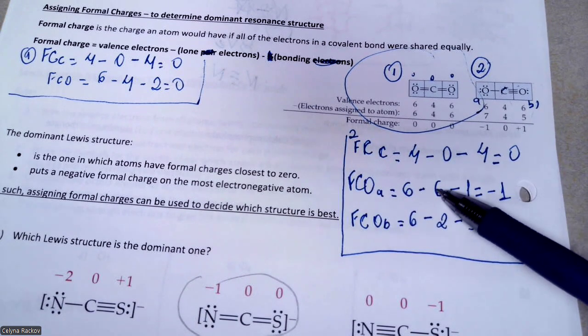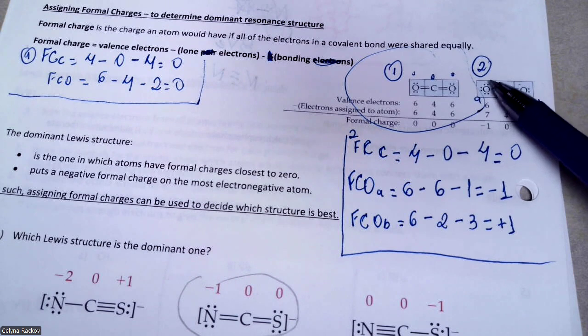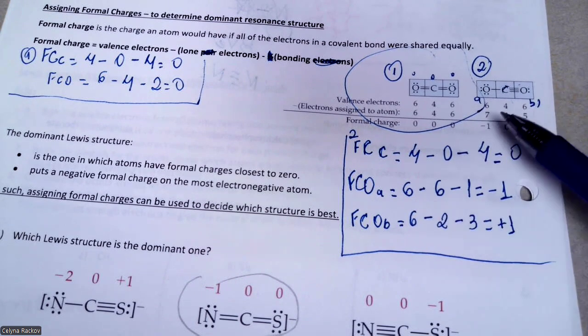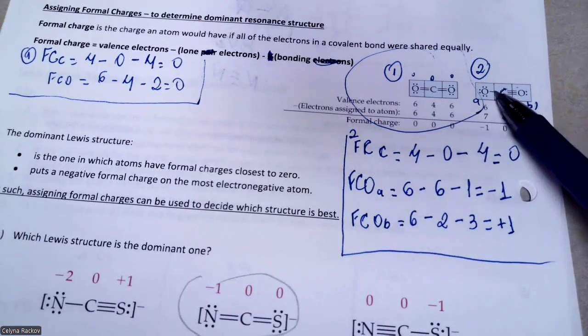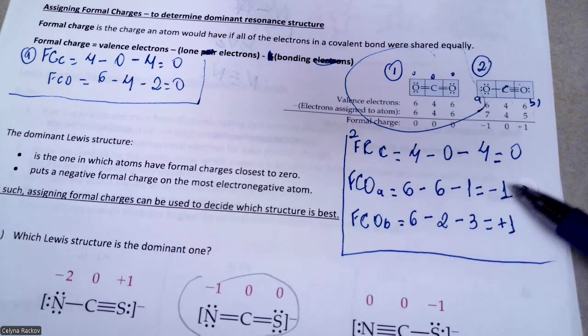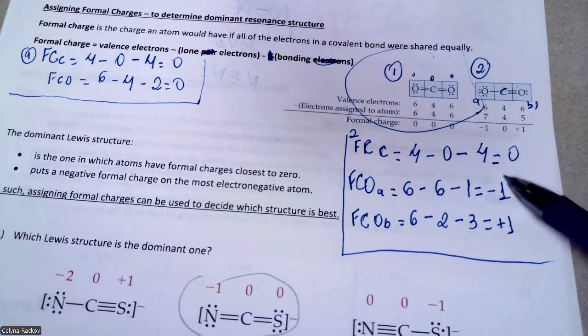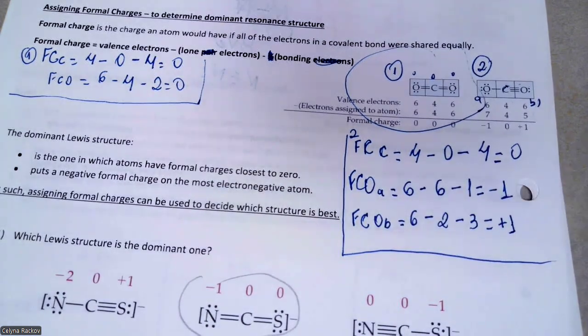How many lone electrons? 6 dots, so 6 lone electrons, and minus how many bonds? Here, 1 bond. When you do the math, it will be -1, the formal charge.